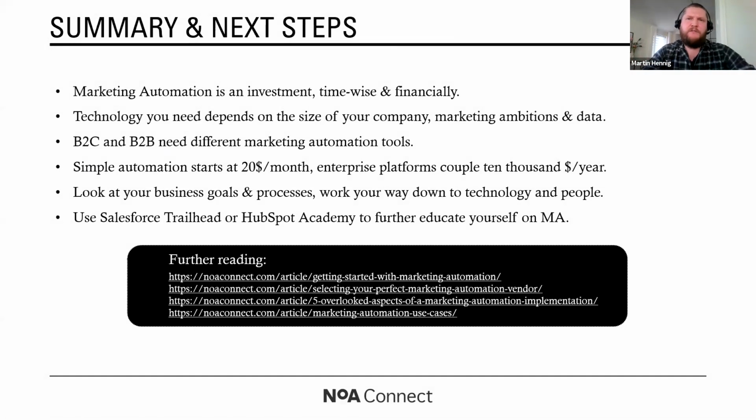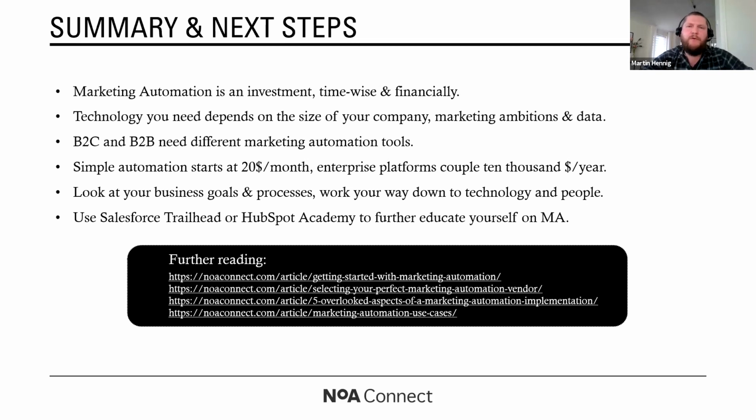So just to wrap this presentation up, so we have some time for the Q&As. Marketing automation is an investment. It's going to take some time, and it's also going to cost you some money. Speaking of cost, the simpler email marketing might start at around $20 or so per month.